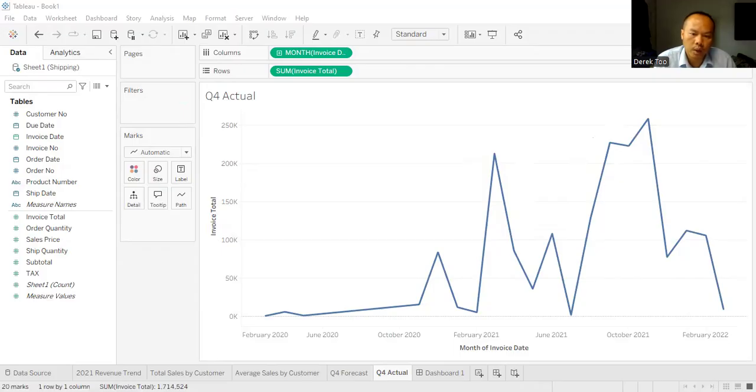If we look at it here, the actual went up from October to November and then went down in December. However, the forecast shows it went up for the three months and doesn't go down at all. So it's not responding to the actual trend. It has a trend of its own pretty much. So that's the second weakness.